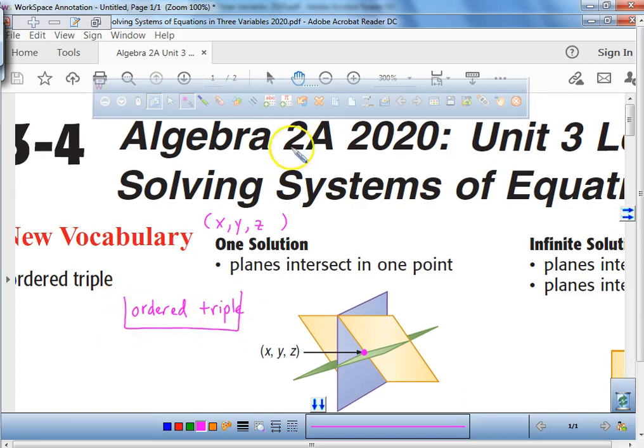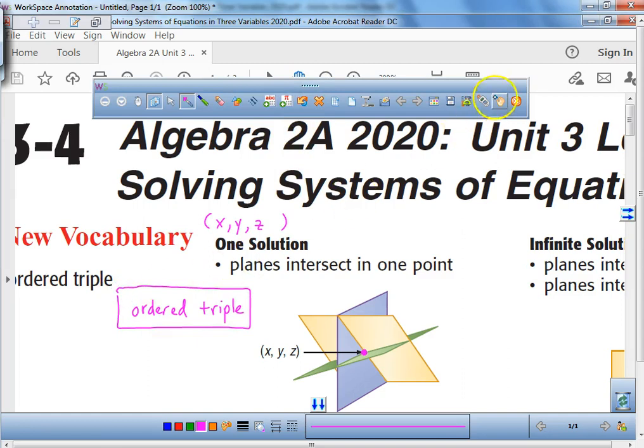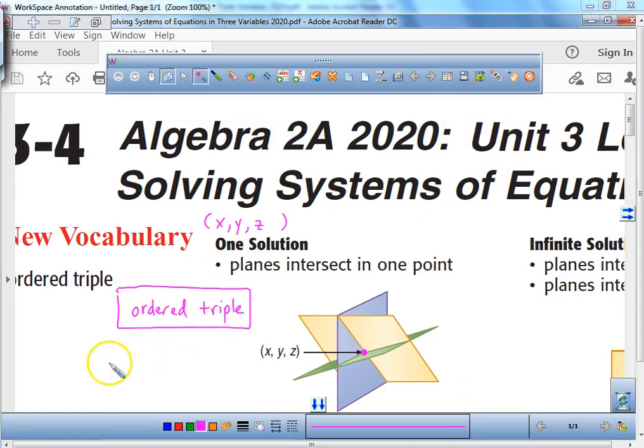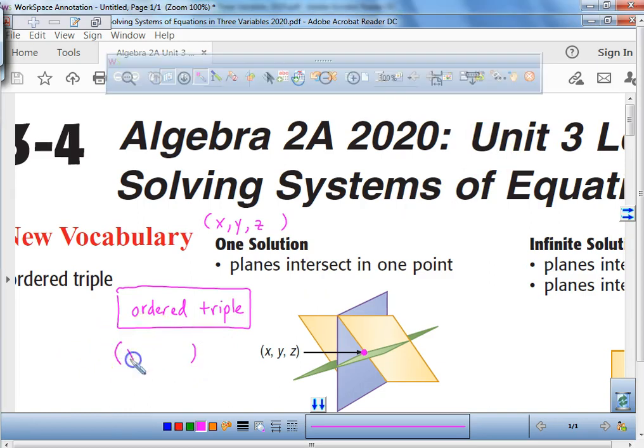So anytime I ask, if you guys are taking a quiz or a test and I say, what's the solution? And you have to fill in the blank, make sure you fill it in as an ordered triple, where you have an x value, a y value, and a z value. Make sure you don't put any spaces and stuff like that if you're typing it in and you're doing a quiz. Just make sure you do the ordered triple.